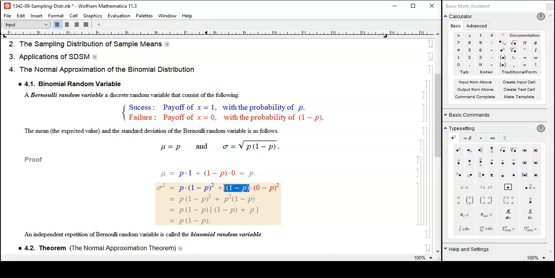This is failure probability, 1 minus p, and then payoff minus expected value squared. Alright, we have only two outcomes, so we have only two things to be added there. And then manipulated algebraically. Simplify and then factor the GCF out and simplify. You end up with p(1 minus p). So take the square root, then you're going to get standard deviation like that.